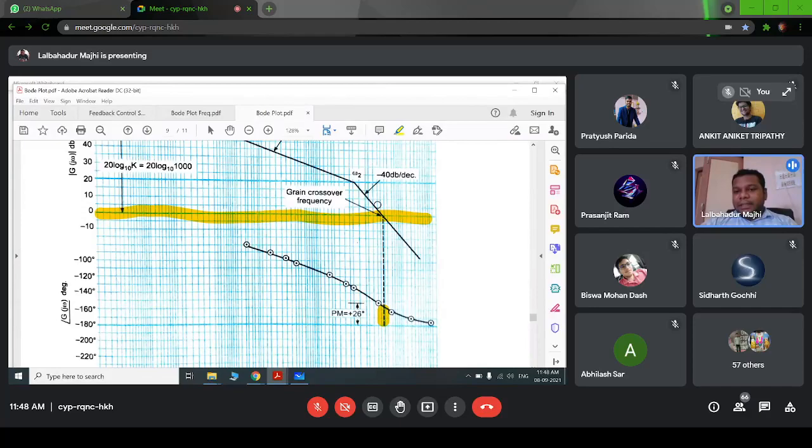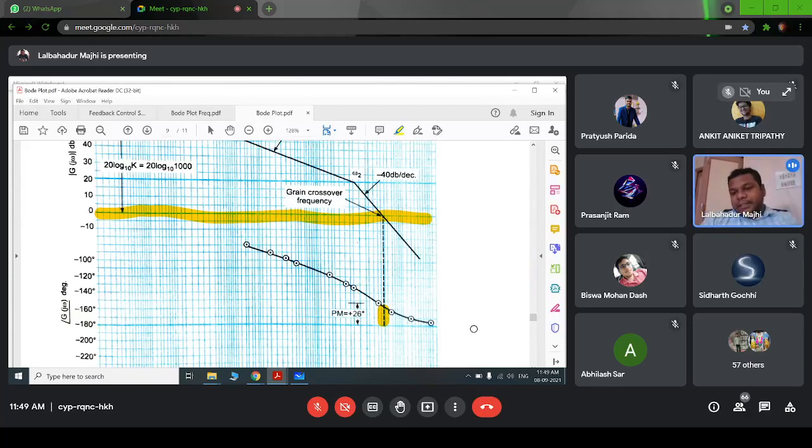So can anyone comment on the gain margin? What will be the value of gain margin, because we are getting the phase crossover frequency at infinite? Yes, it will be infinite.